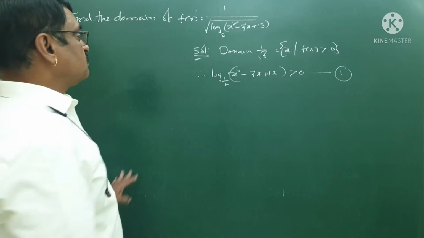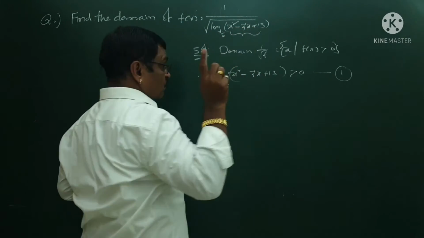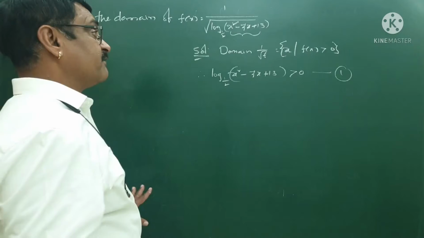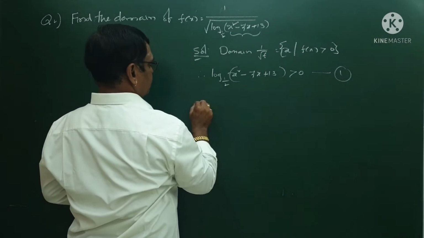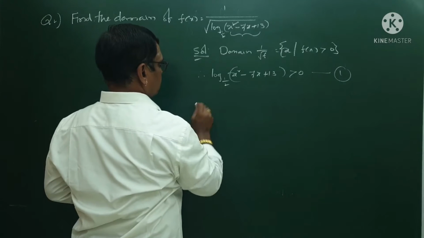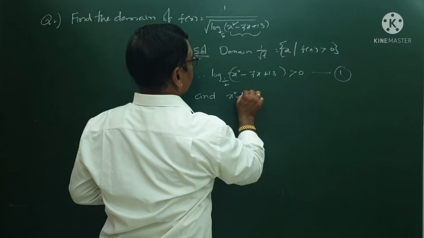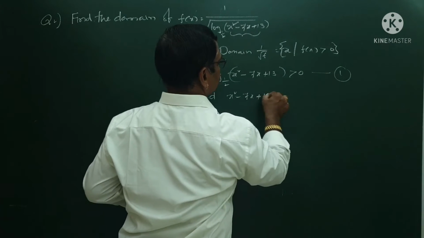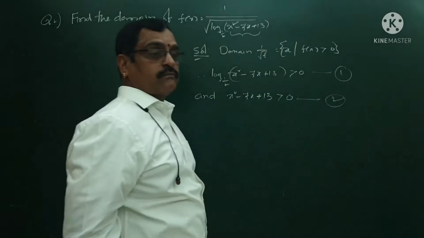And number 2, because of the log function, log accepts only positive real numbers. Therefore, x square minus 7x plus 13 is more than 0. Number 2.